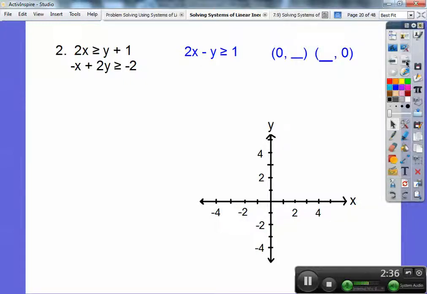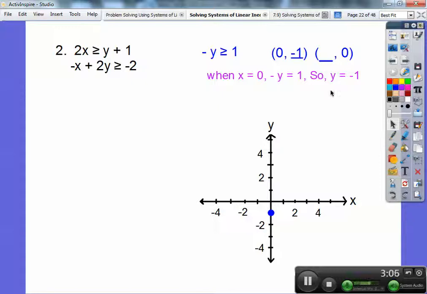So when x equals 0, notice the 2x goes away because it's like 2 times 0. So we're left with, and pretend like that's an equal sign, negative y equals 1. So y will be negative 1. So I'm going to graph 0, negative 1. There it is right there.